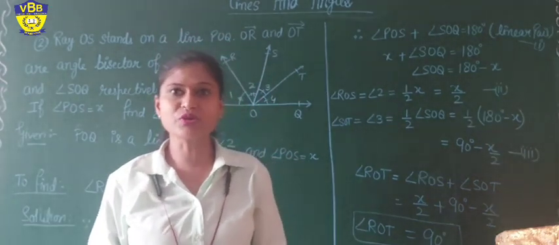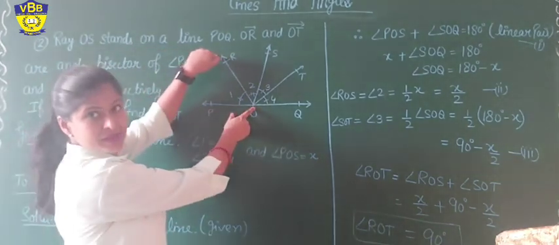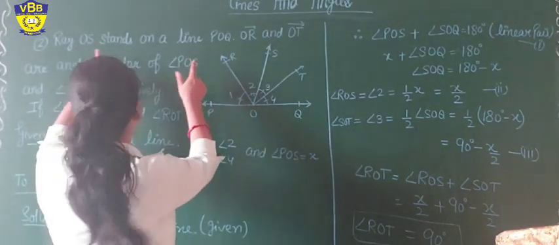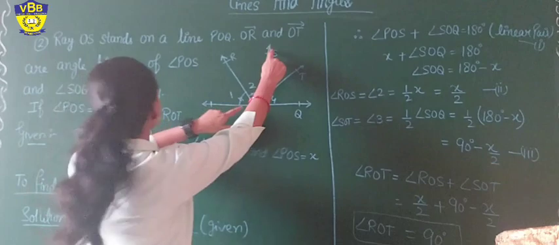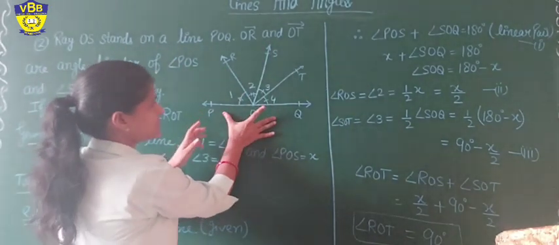Now the next question: ray OS stands on line PQ.